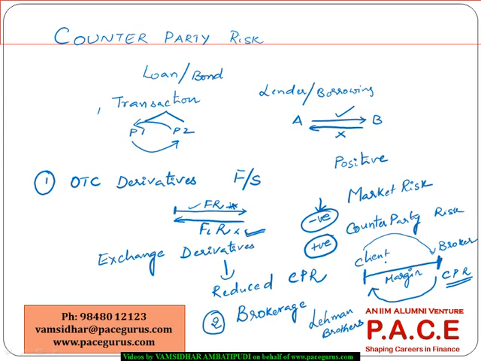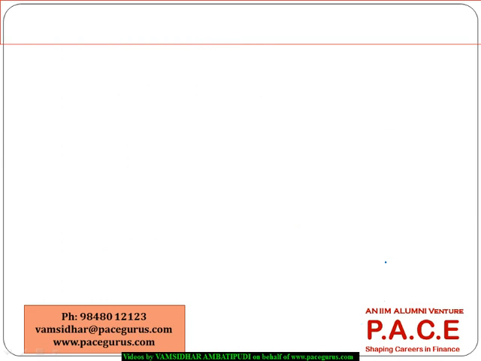Now, what are the ways that are available to reduce this counterparty risk? A very common mechanism people talk of is the netting process. Now, there could be a lot of contracts between A and B, between two different parties.